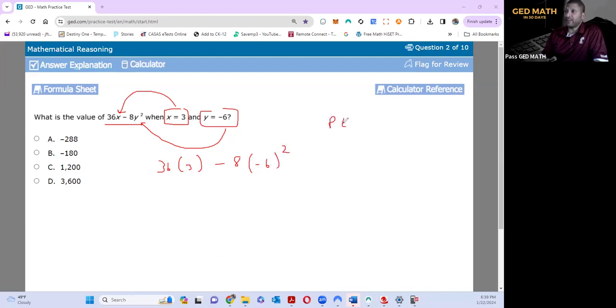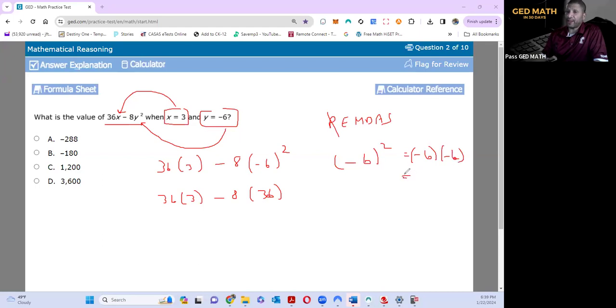Please Excuse My Dear Aunt Sally tells me I should do parentheses first. There's nothing in my parentheses I can simplify. Then I have exponents. So 36 times 3 minus 8 times 36. Remember, minus 6 squared is the same as minus 6 times minus 6.